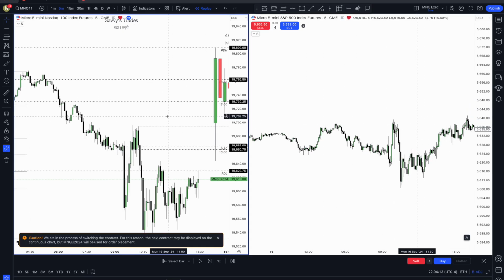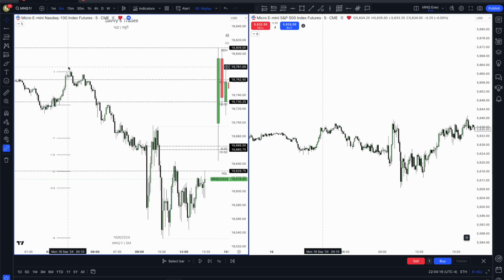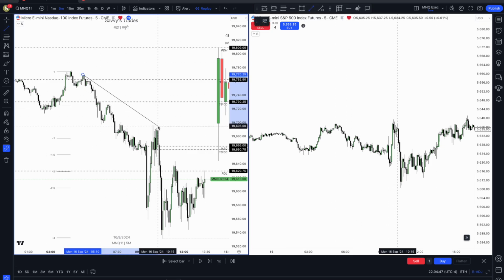So if you look at ES, this is the high that we are talking about, and right at 9:30 on NQ we dumped, and then we started moving higher, and you could see the price was moving higher on ES as well, and ES was about to take this high. As soon as this high was taken on ES, we can tell that we have a significant SMT, and the reason why I'm saying significant SMT is because NQ had a lot more range to cover if it wants to truly be bullish.